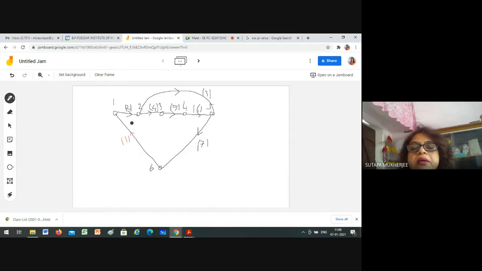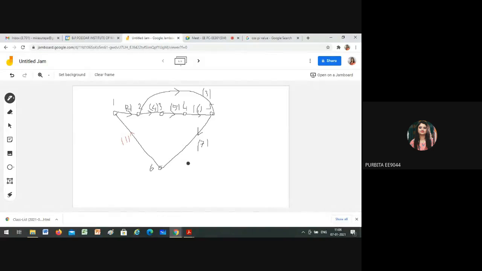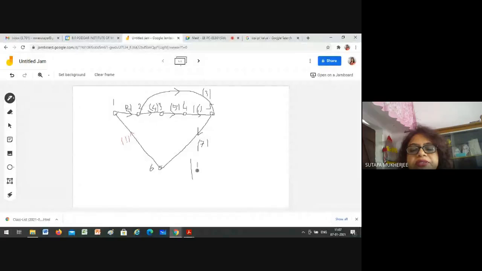Okay, clear. Now, anybody can tell me how can you determine how many trees can be formed from this graph? What is the formula? Ma'am, determinant of A into A transpose, where A is the reduced incidence matrix.